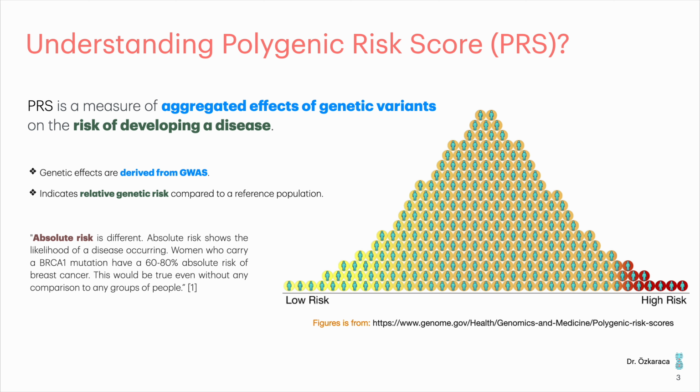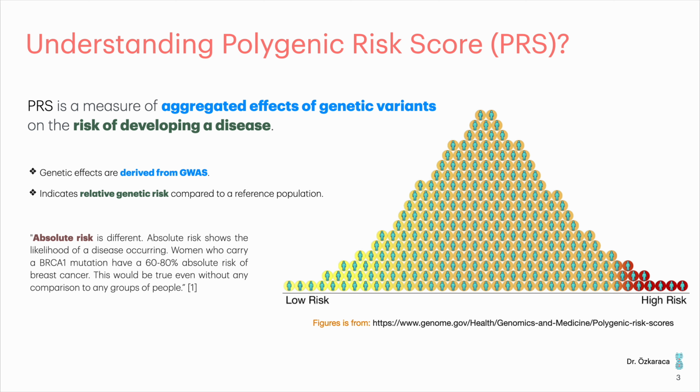And this measure indicates a relative genetic risk compared to a reference population. And what do I mean with that? We have a population from which the GWAS results are derived, and therefore, when we calculate the PRS scores, those results are indicating a reference population.